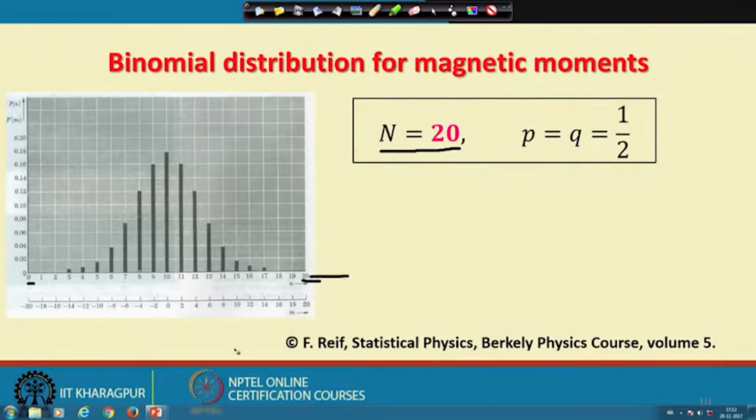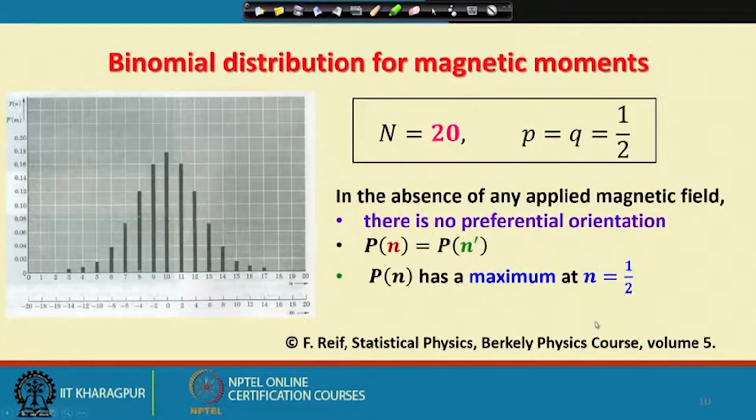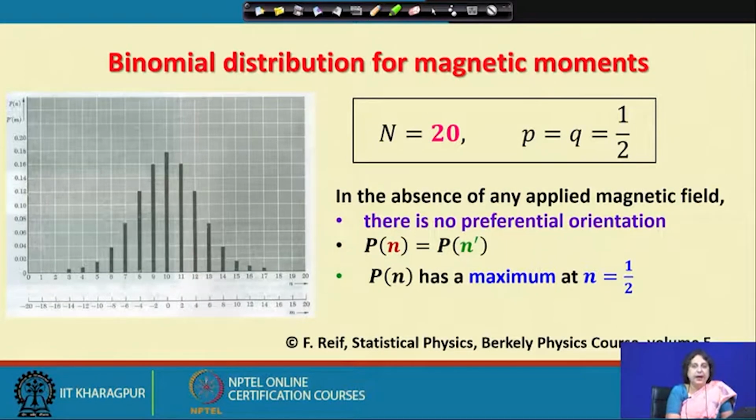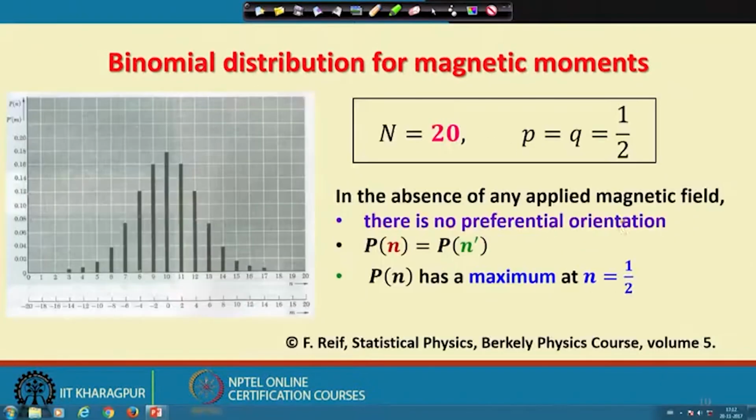When small n is equal to 20, all the spins are pointing upward. The conclusions are very similar to what we got before. In the absence of any applied magnetic field, once again there is no preferential orientation. P n is equal to P n prime, and P n has a maximum once again at capital N divided by 2.